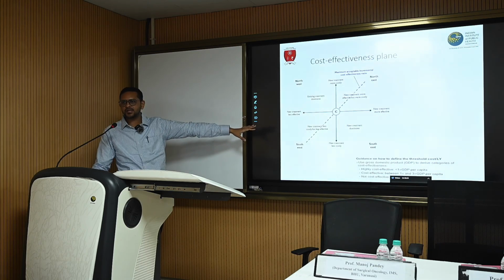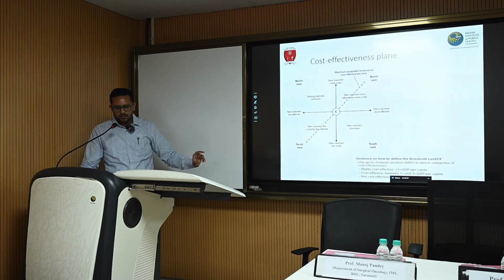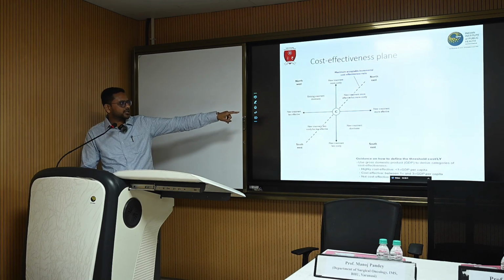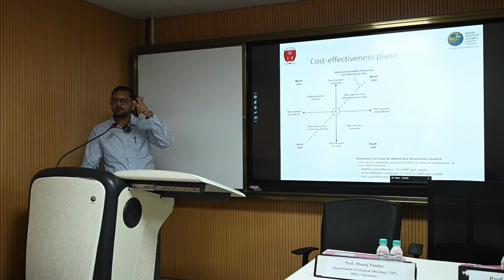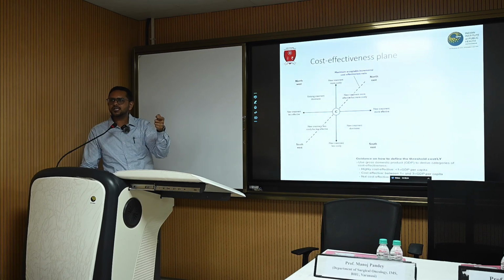Now this is the cost effectiveness plane, where the x-axis is for the treatment, and y is for the cost. Whatever ICER we are getting would be plotted in this cost effectiveness plane, and we see in which section that particular dot falls.